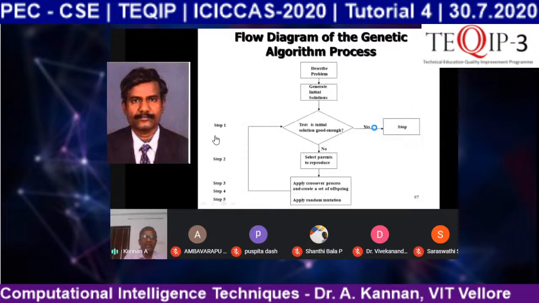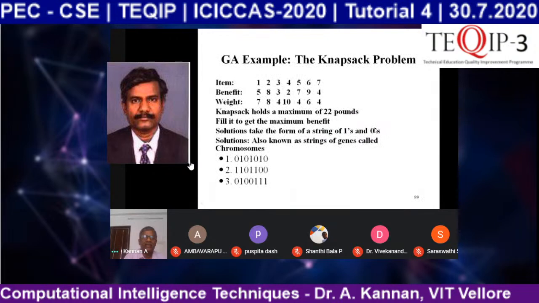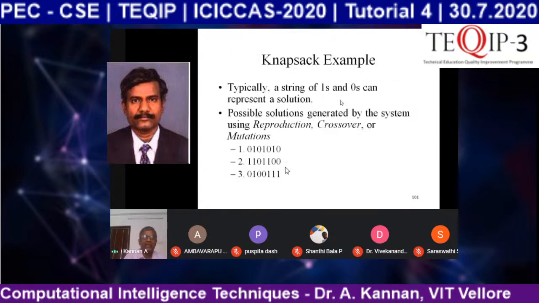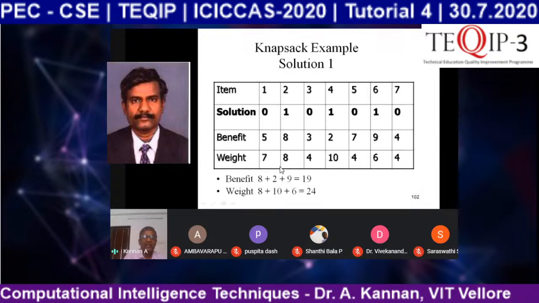This is the flow chart, and I will take an example of the knapsack problem. In the knapsack problem, the representation is in zeros and ones. If you take this example, we have three solutions. In solution 1, we have 7 kilo weight and 5 benefit, but it is not considered.